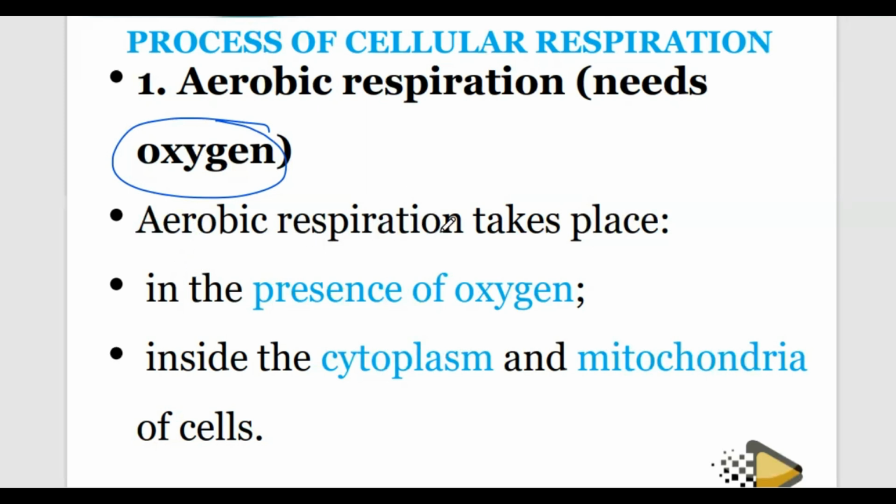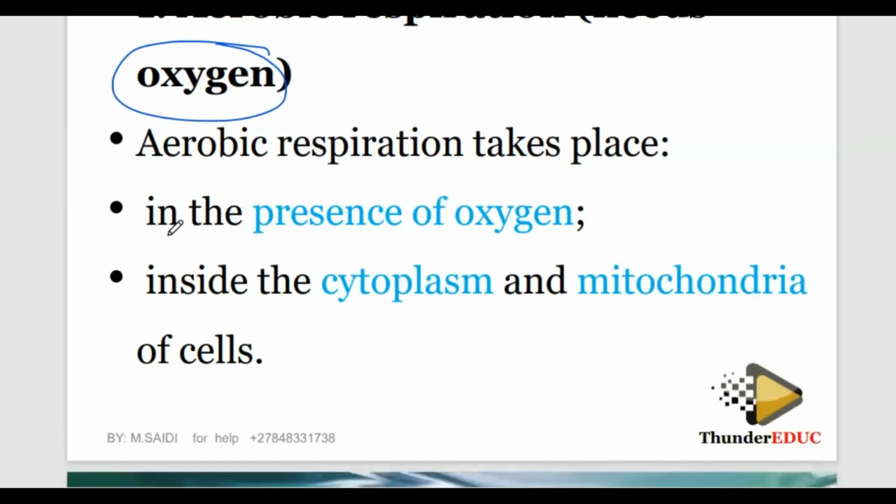So aerobic respiration takes place in the presence of oxygen, as I've explained. The first part of aerobic respiration occurs in what we call the cytoplasm, the fluid of the cell.